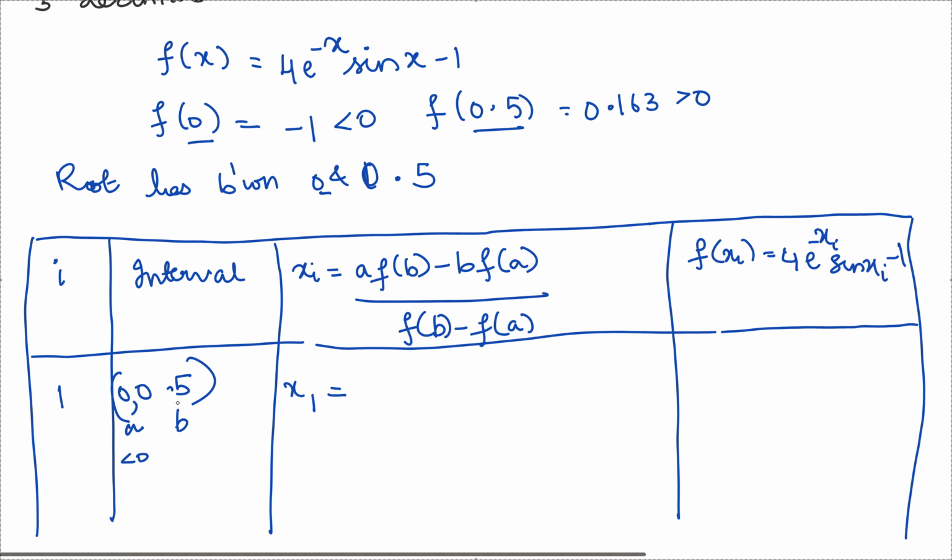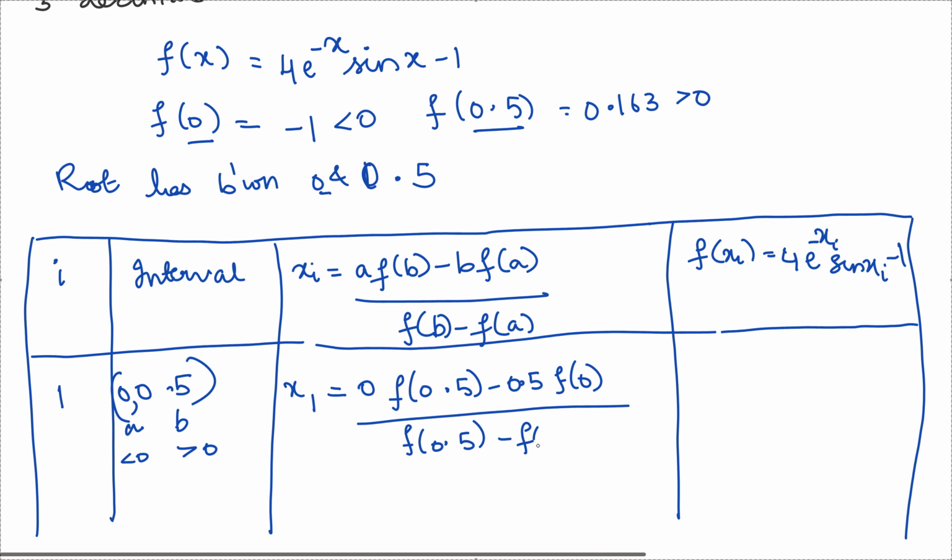So far it is clear. Now let's find out x1. So x1 is equal to 0 into f of 0.5 minus 0.5 into f of 0 divided by f of 0.5 minus f of 0, which is equal to 0.430.